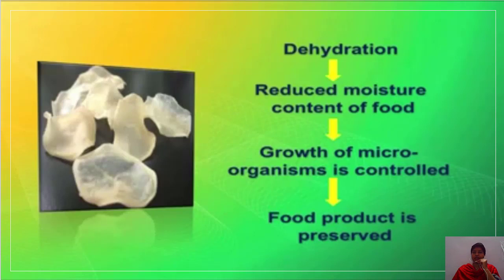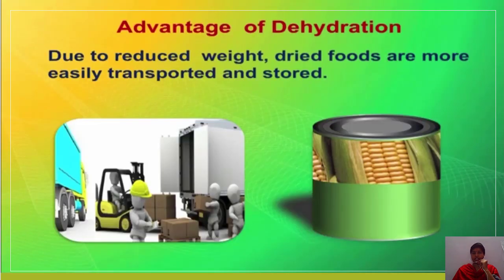In dehydration, the moisture content of food is reduced, so the growth of microorganisms is controlled. Food product is preserved there. And another advantage of dehydration: due to reduced weight, dried foods are more easily transported and stored.